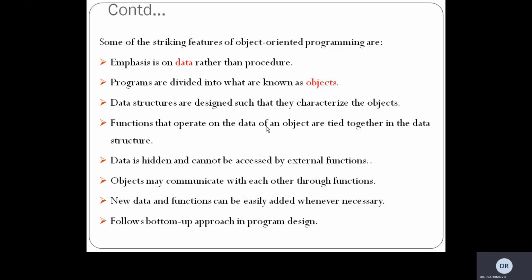And here the data is hidden and cannot be accessed by any of the external functions. The objects may communicate with each other with the help of functions. Any new data and functions could be easily added whenever required. And object-oriented programming follows a bottom-up approach in its program design.